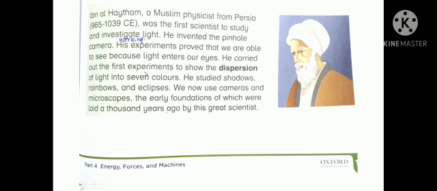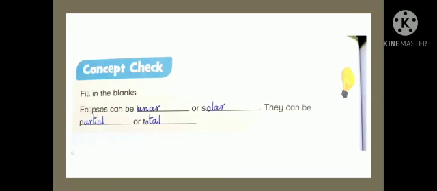He carried out the first experiments to show the dispersion of light into 7 colors. He studied shadows, rainbows, and eclipses. We now use cameras and microscopes, the early foundations of which were laid 1,000 years ago by this great scientist.